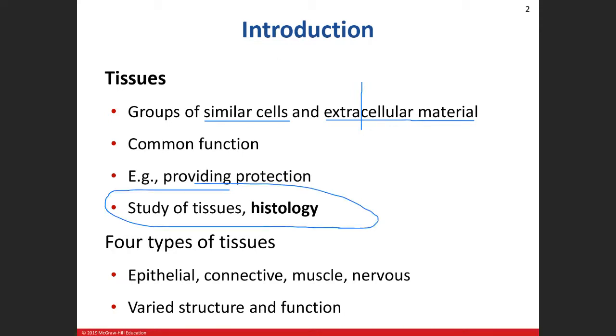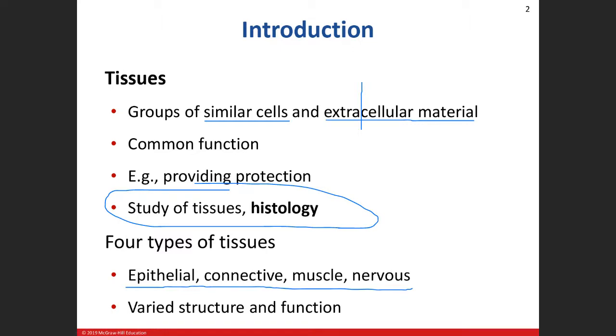Now, previous students of mine probably get sick and tired of me repeating this, but I don't care, because I guarantee you they all know this, and you need to know this too. You should be able to rattle off the 4 tissue types that are present in your body: epithelial tissue, connective tissue, muscle tissue, and nervous tissue. The last 2 I think are easy.